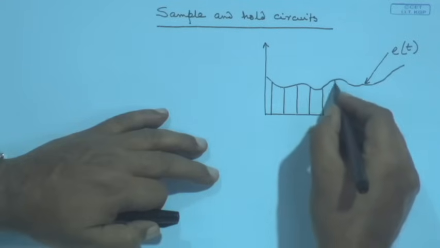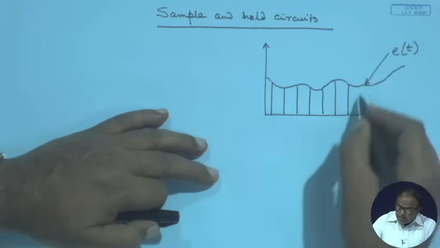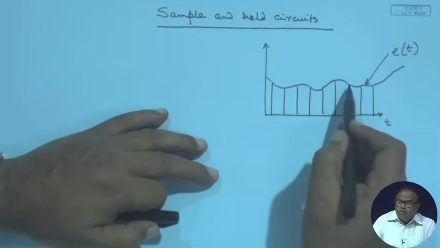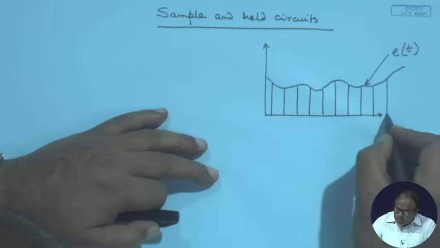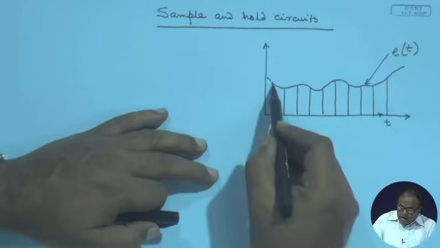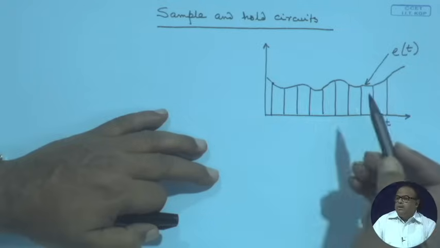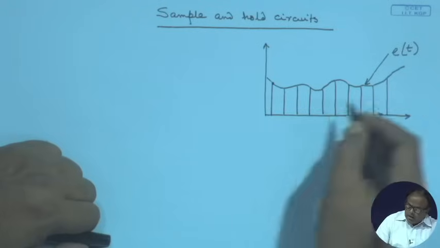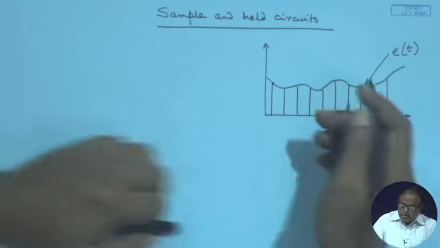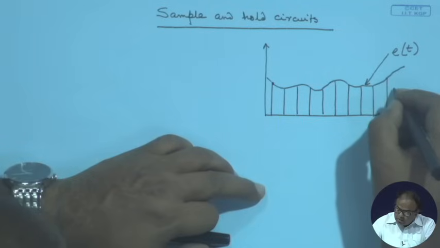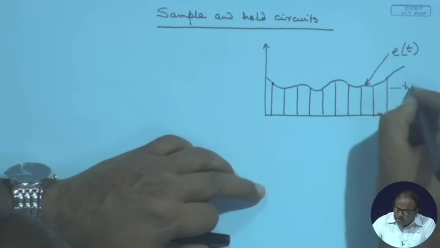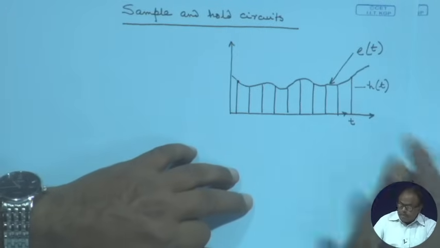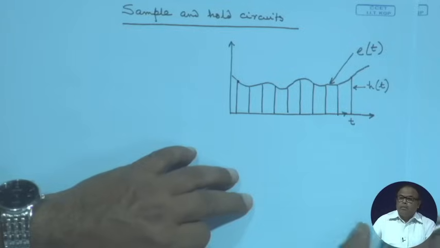So, I am getting a series of discrete values, because I do not know the value in between. As long as I do not know the next value, the value in my memory is this. So, this is the sampled value, which we call H(t).